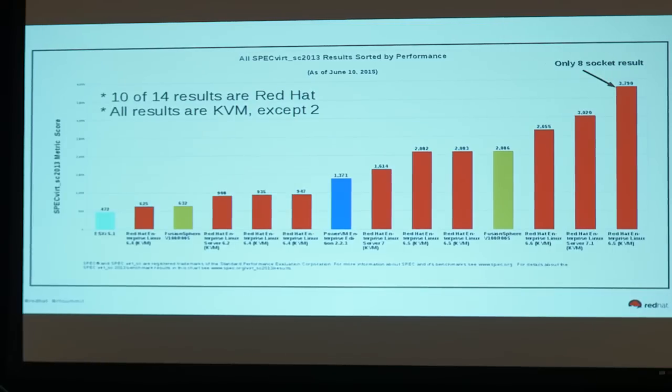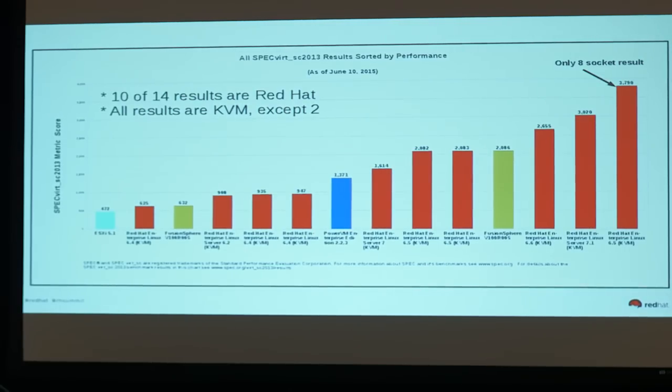Another thing I wanted to point out, that the highest bar on the right, you probably can't read it, but people who can see the details on that slide ask why that's RHEL 6. Because you would assume that RHEL 7 beats RHEL 6 all the time, which it does. So that is an 8-socket result. And it turns out that's the only 8-socket result, because this benchmark came out before RHEL 7 was out.